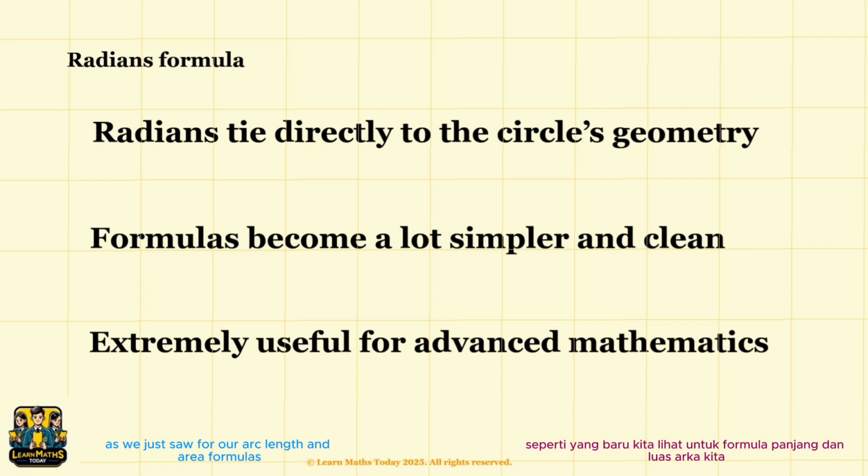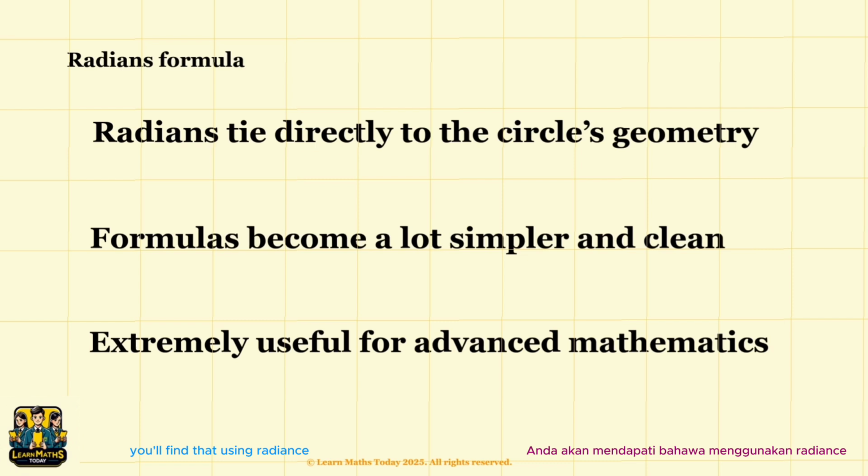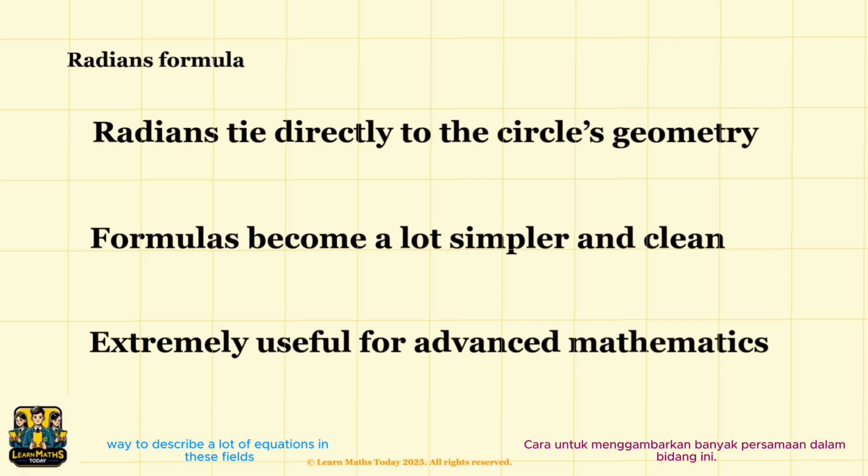Our arc length and area formulas became a lot simpler to understand once we use radians. And lastly, they're extremely useful for advanced mathematics. When we use radians in things like physics and calculus in your later years of learning maths, you'll find that using radians results in a much simpler and easier way to describe a lot of equations in these fields.